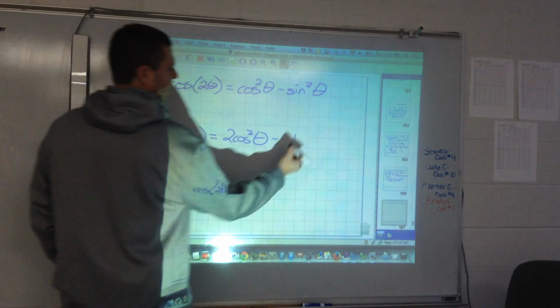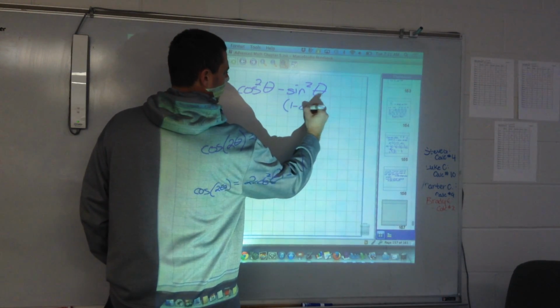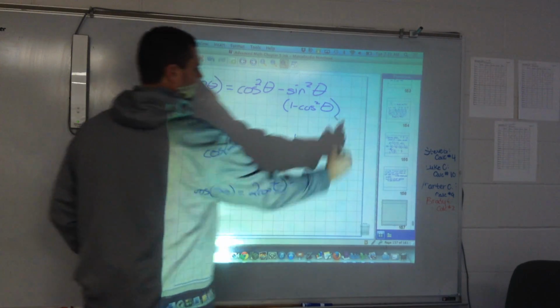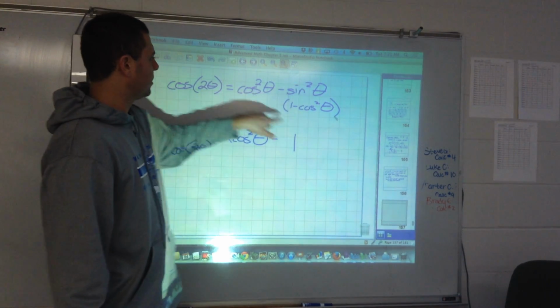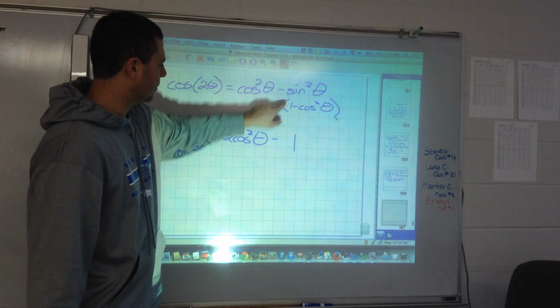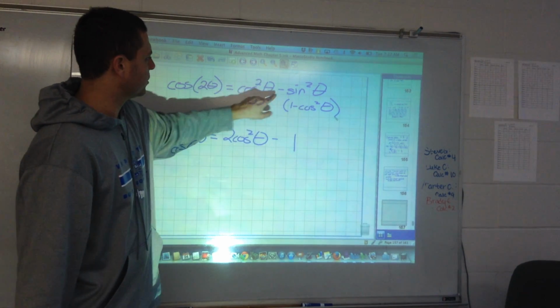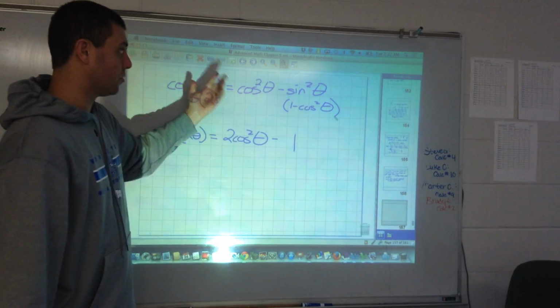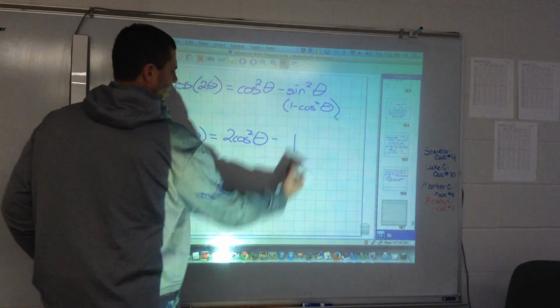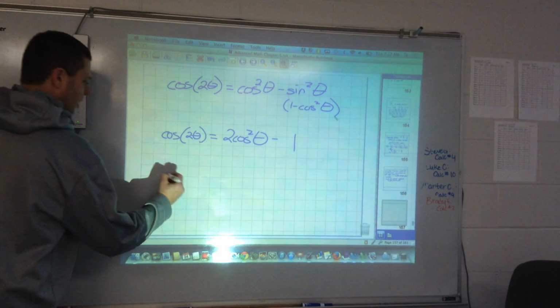And where that comes about is we replace sine squared with 1 minus cosine squared. So if this would replace this, you get cosine squared minus 1, so there's the minus 1, minus another cosine squared. Well, cosine squared minus a negative cosine squared would be 2 cosine squared, and that's how you get 2 cosine squared theta minus 1.